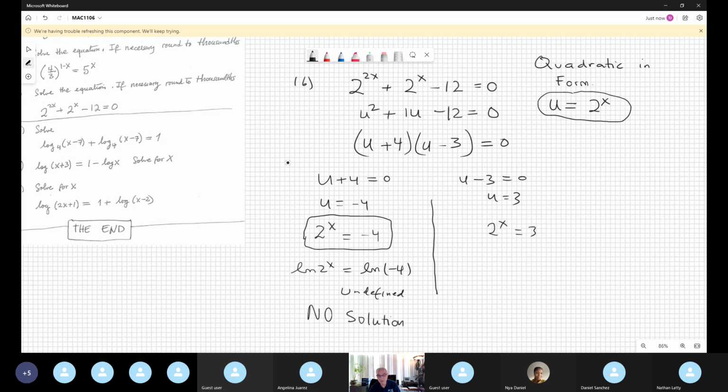You apply the logarithm to both sides. You apply property 7 one more time, which allows me to put the exponent in front. Now x alone is logarithm of 3 divided by logarithm of 2.